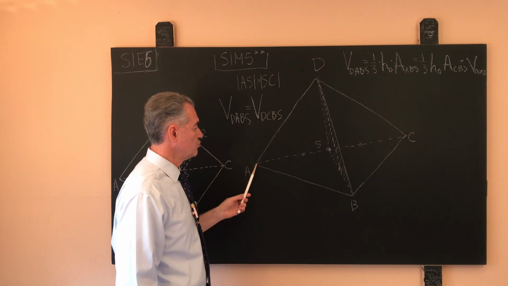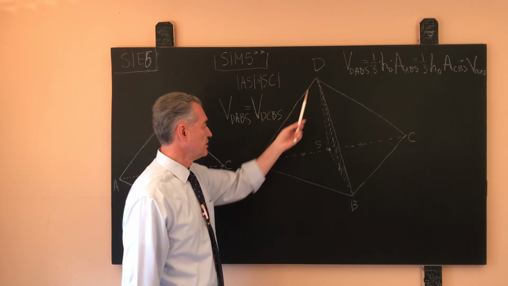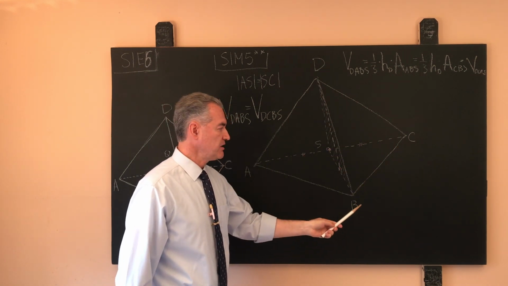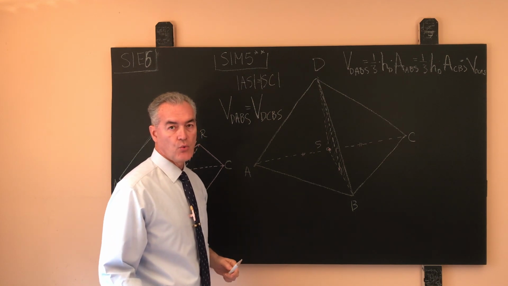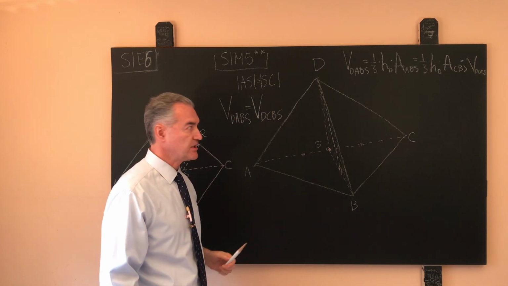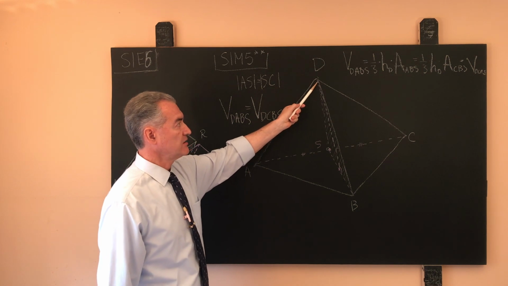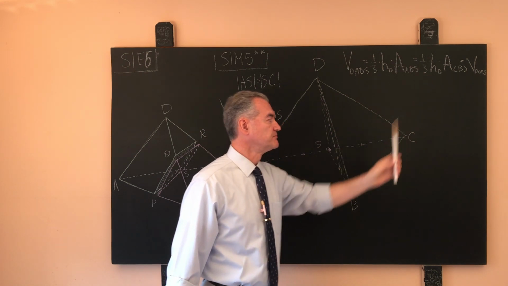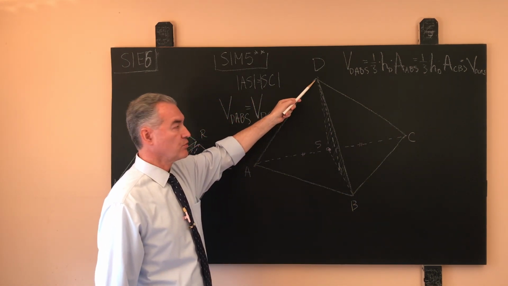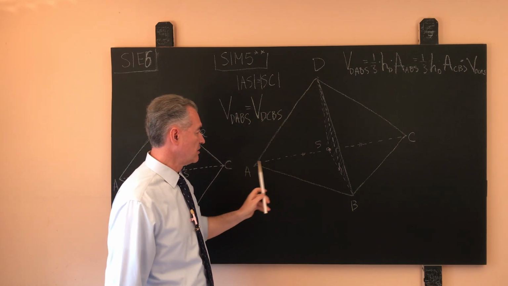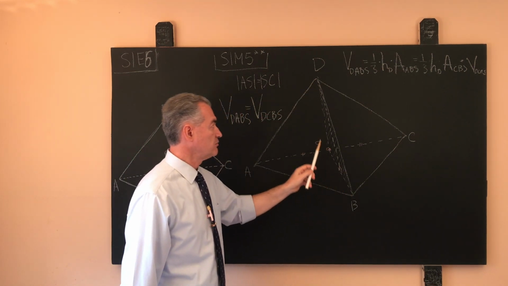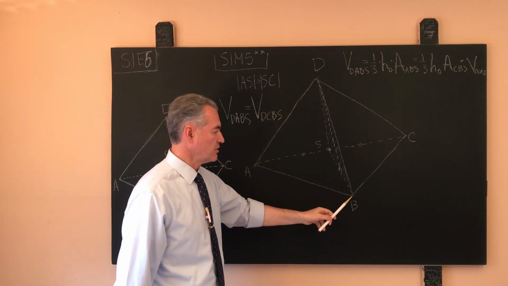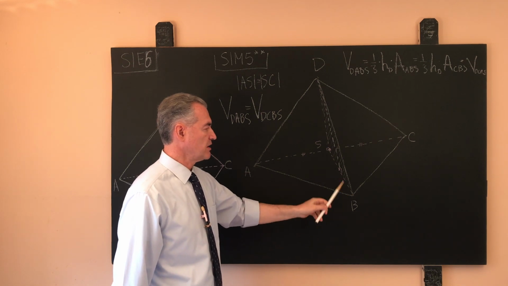Now, these two smaller tetrahedrons DABS and DCBS also share one and the same height that emanates from the vertex D, and that height I designated with the symbol H sub D. That height will project the point D onto the plane ABC, and because of the symmetry at hand, that point will be projected somewhere on the line segment BS, but that doesn't really matter.